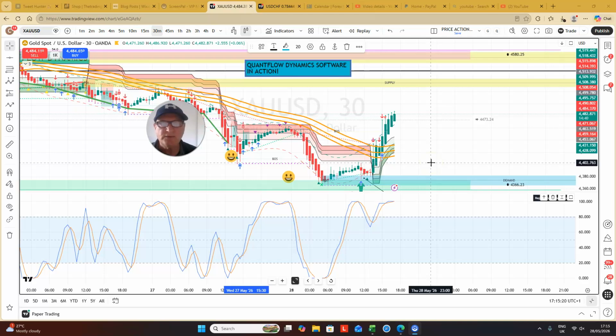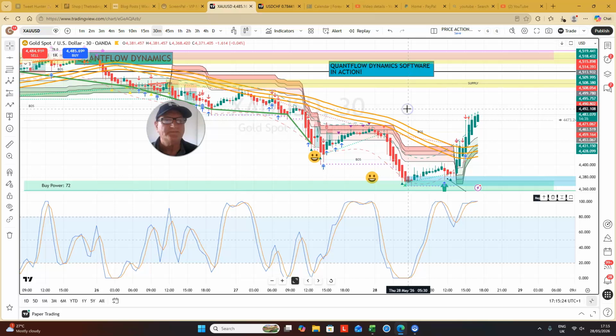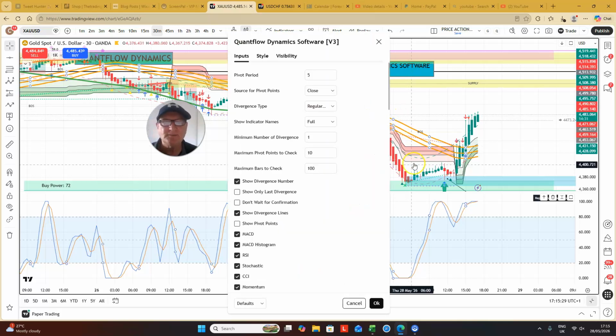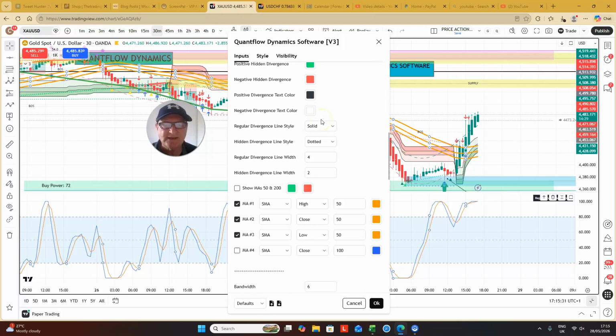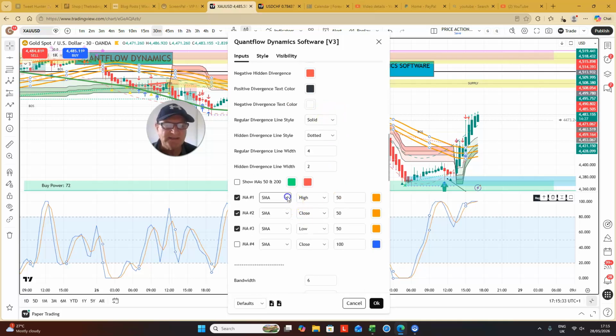But let me just give you a tip on something which you can do if you wish. You don't have to. But it's all about having the flexibility to do it, isn't it? So let's have a look. In this instance, I'm going to change the EMA. This is the Quant Dynamics software version 3. Now you do get version 3.1 as well, but I'm just going with version 3 at the moment.